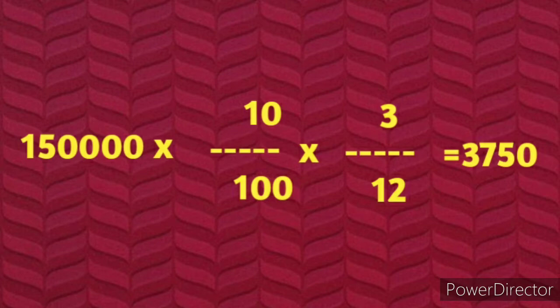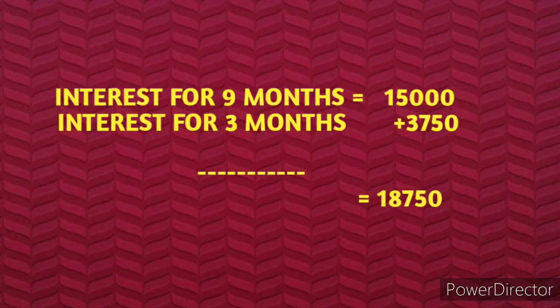That is 1,50,000 multiplied by 10%, our interest rate, multiplied by 3 by 12, that is the next 3 months. After calculating we get 3,750. So for the full year, total interest is 15,000 plus 3,750, which is equal to 18,750.